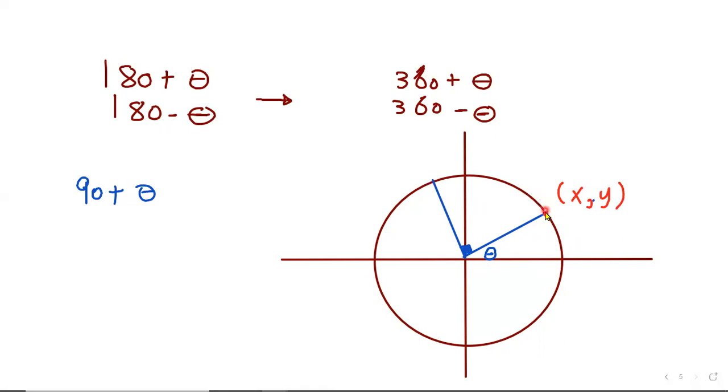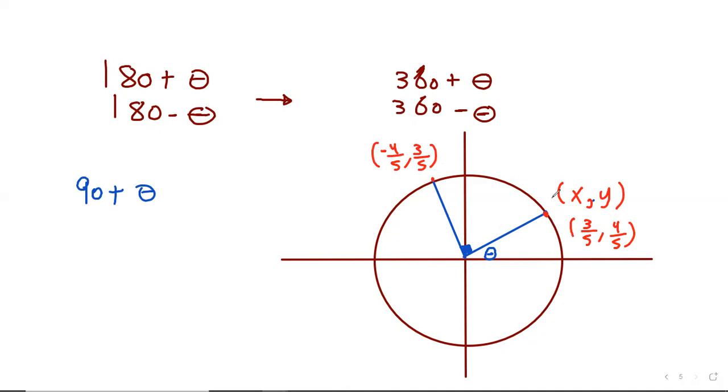If we move to 90 plus theta, what do you notice? X and Y in this case are different. If I assume that this point is 3/5 and 4/5, you will see this point as negative 4/5 and 3/5. What happened?